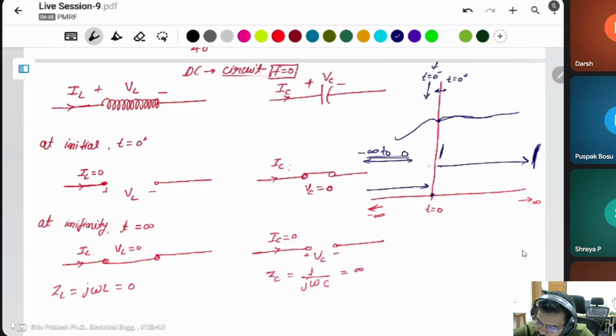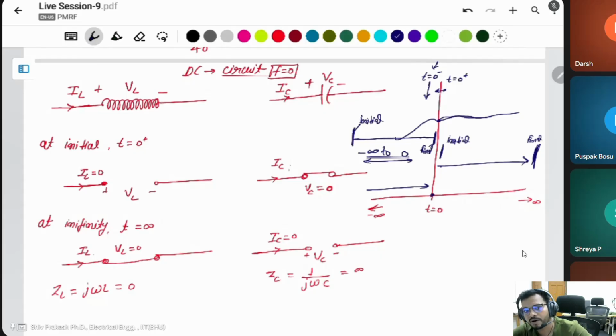But before 0, minus infinity is the initial point, and t is equal to 0 minus is the final point. In this case, this is the initial and this is the final.